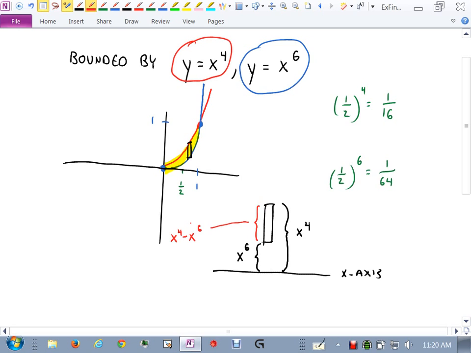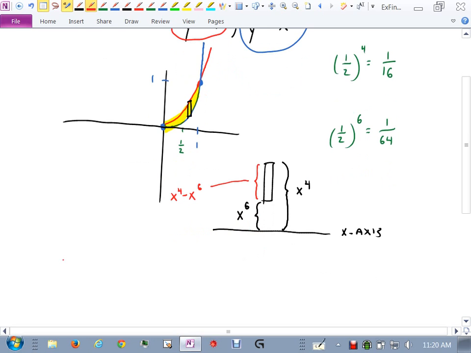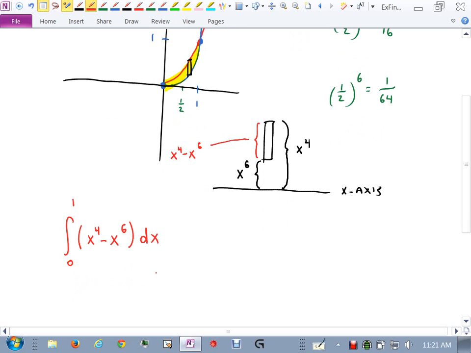Since our rectangle is vertical, we're going to move left and right. So I need a left endpoint and a right endpoint, which obviously are 0 and 1, right? So my integral becomes 0 to 1 of x to the fourth minus x to the sixth dx. And we're done.